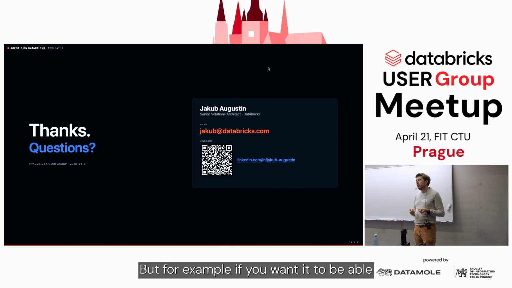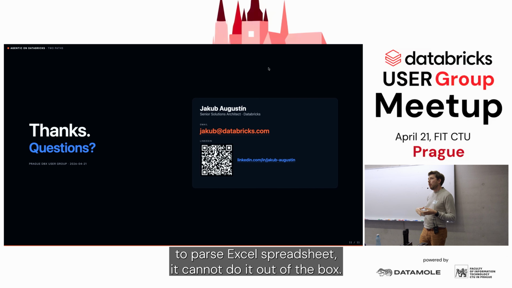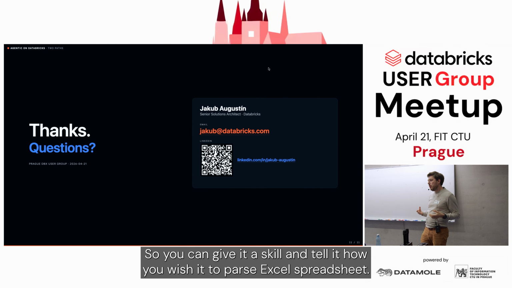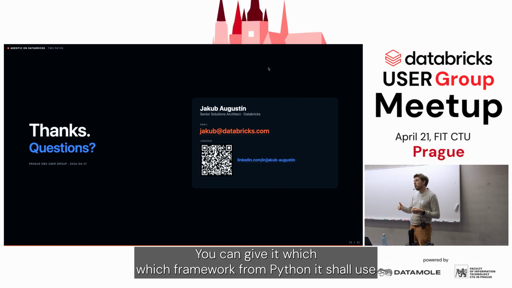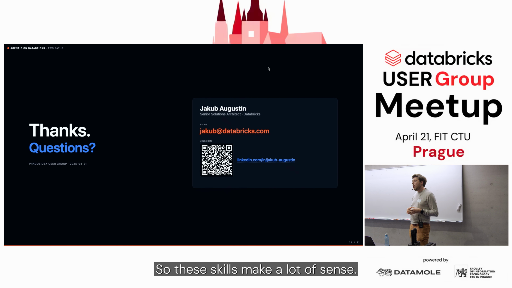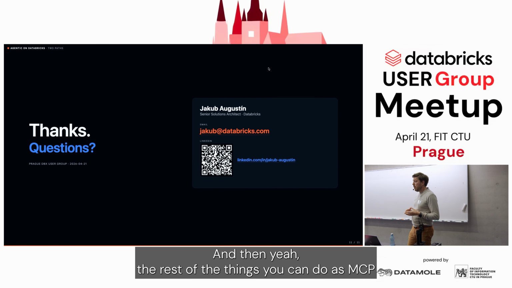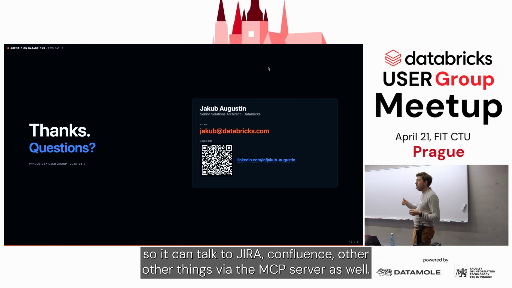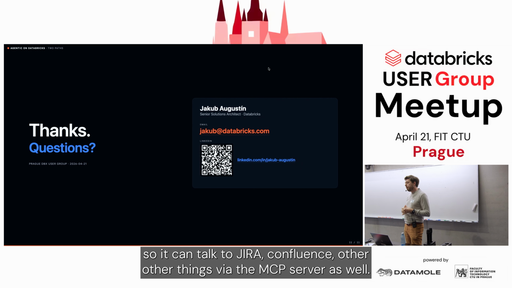But for example, if you want it to parse an Excel spreadsheet, it cannot do it out of the box, so you can give it a skill and tell it how you wish it to parse the spreadsheet, right? You can give it which Python framework it shall use. So these skills make a lot of sense. And the rest of the things you can do as an MCP. So it can talk to Jira, Confluence, and other things via the MCP server as well.